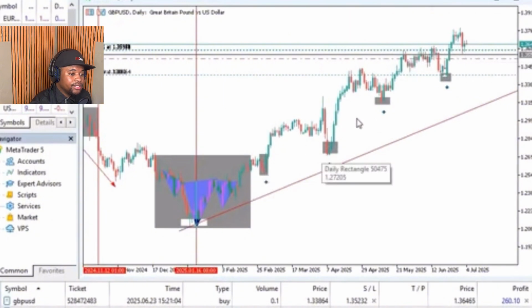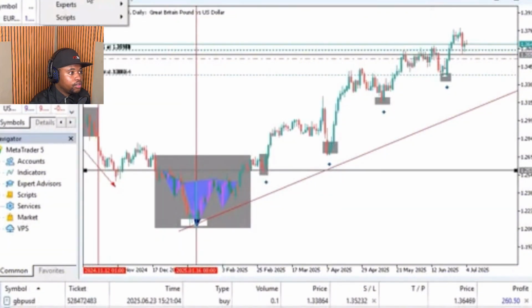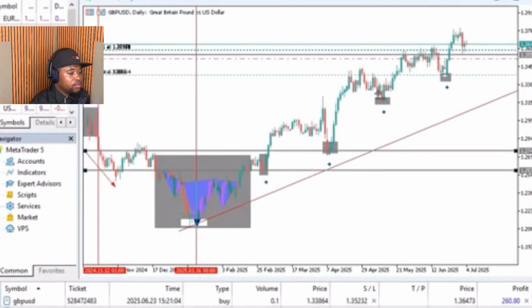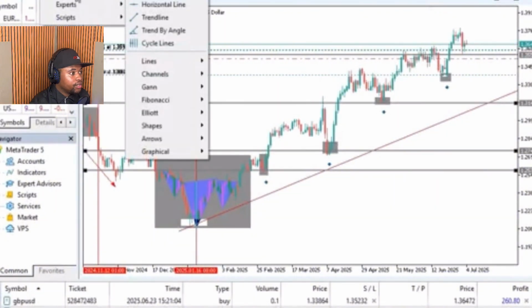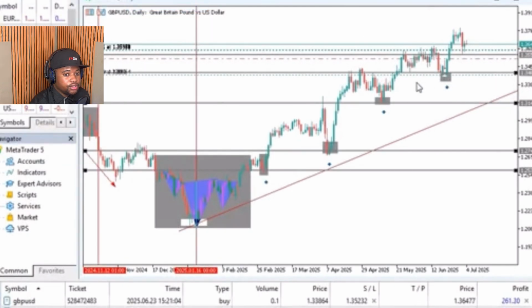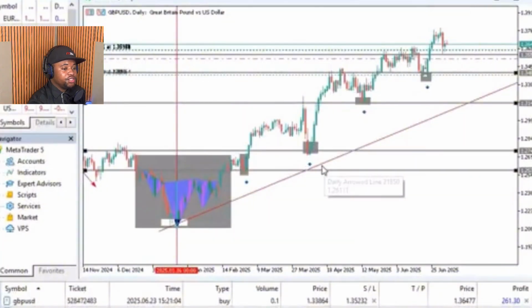Imagine with these orders which were created at this point here, I would have taken my first order at this level here, second order at this level here, third order, and fourth order, which is at this level here, right? So this is where I would have taken my trades, right?